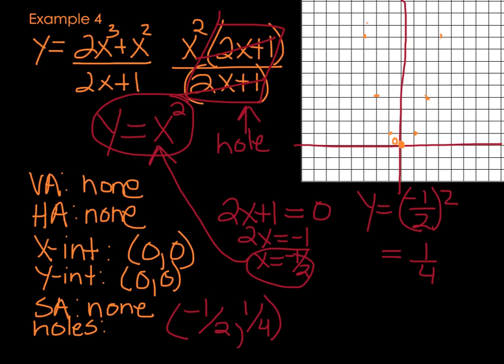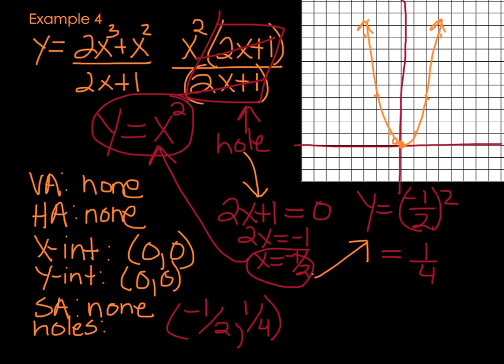So all the rest of it just gets sketched like a normal y equals x squared. The only difference is it has that open circle on there because it has a hole. So remember, to find the hole, you first take what you've crossed out, set it equal to 0, get x. Plug that x in to the remaining equation and get y, and that's the ordered pair of your hole.